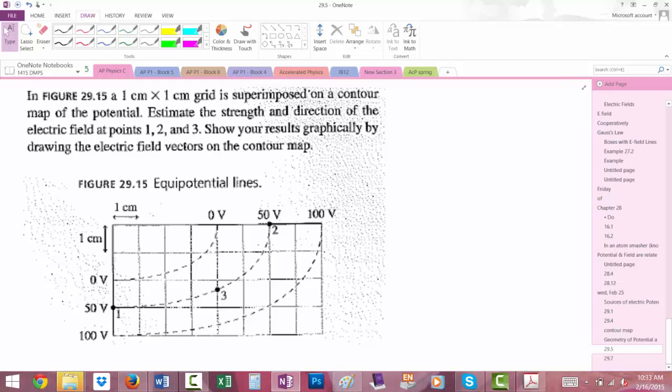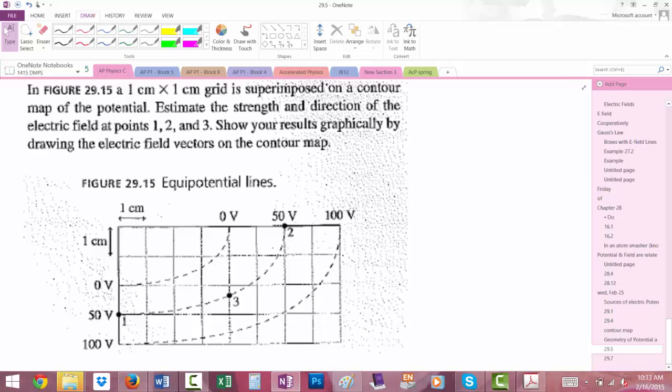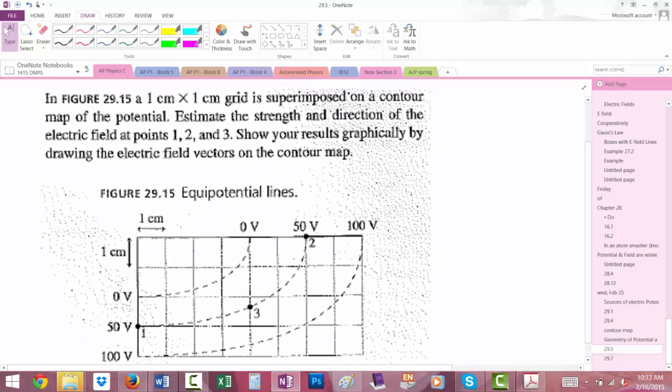The question asks you to estimate the strength and direction of the electric field at the points 1, 2, and 3 as shown. Show your results graphically by drawing the electric field vectors on the contour map. Okay. Make that a little bit bigger so it's easier to see.